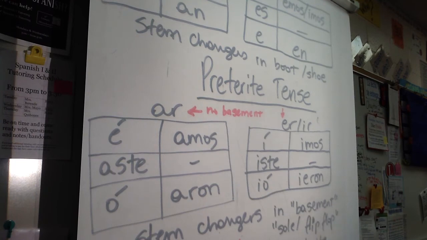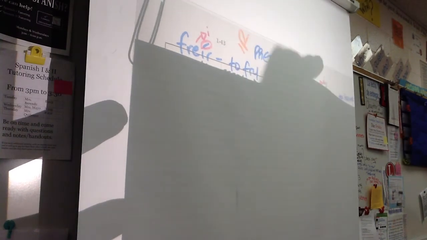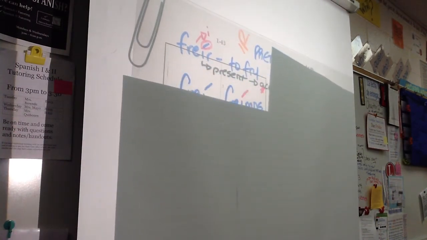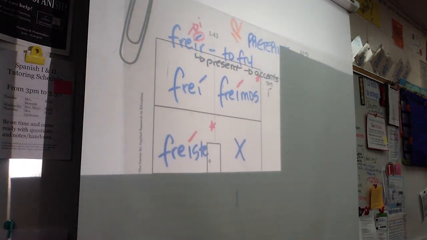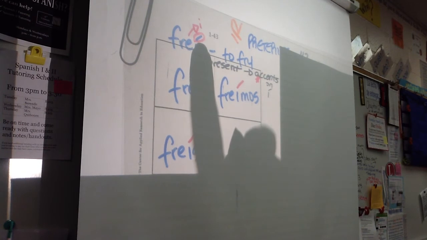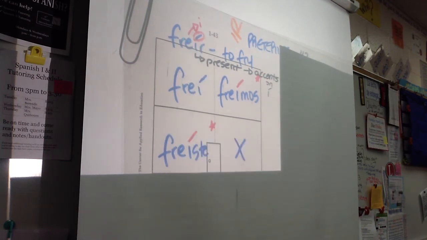Do you have an extra accent on the infinitive form? Freí is normally there, regular conjugation. Freíste and freímos are going to get extra accents just because the original verb, the infinitive, has an accent.